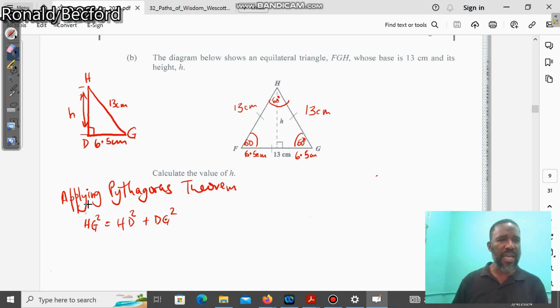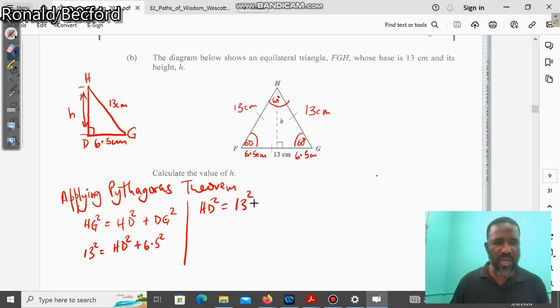So if we substitute the values here now, we have 13 squared is equal to HD squared, which I don't know, plus 6.5 squared. So therefore HD squared, by making HD the subject, is going to be equal to 13 squared minus 6.5 squared.